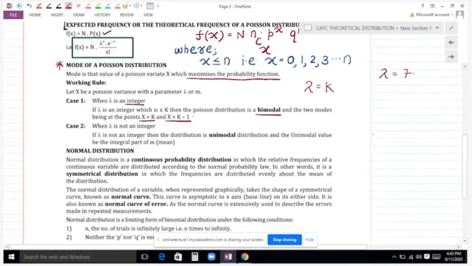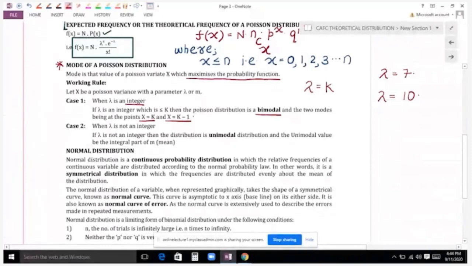If lambda is equal to 10, tell me the two values. Correct, it will be 10 and 9.